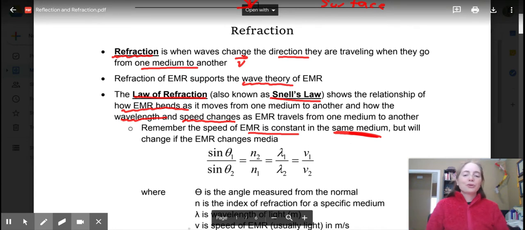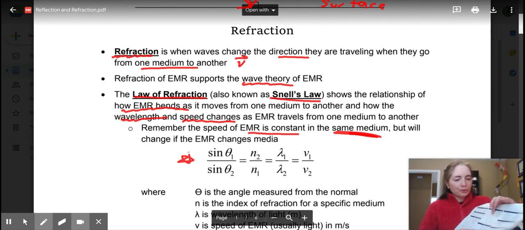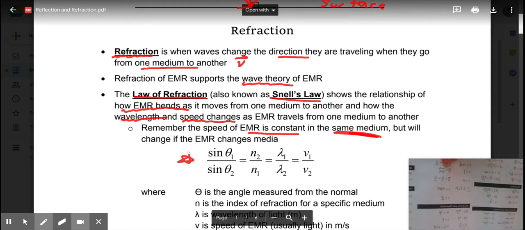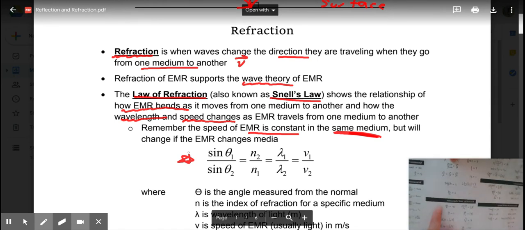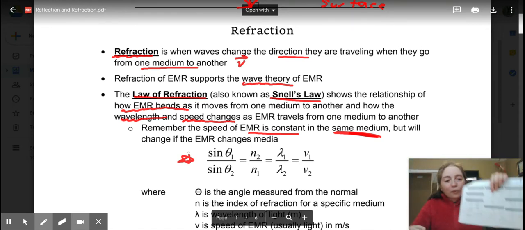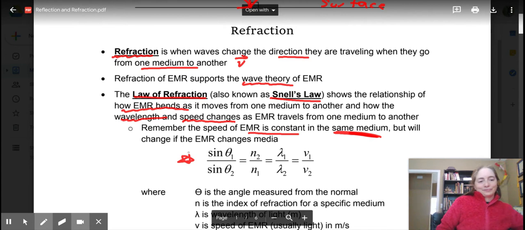Okay, so here's your equation. It's one big old equation here. In your data sheet, though, it's broken down into two. So you have the top one, and then you have the equation underneath it. These two are where you're going to find that equation.